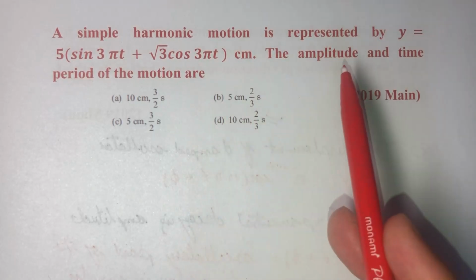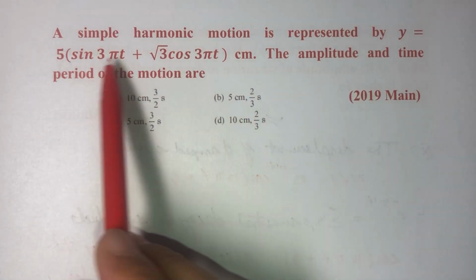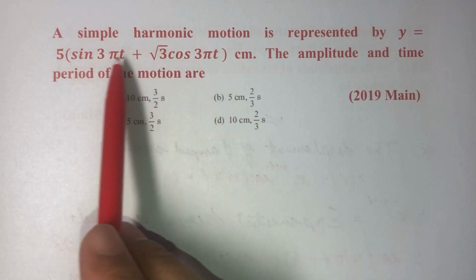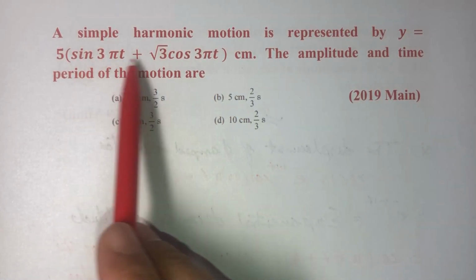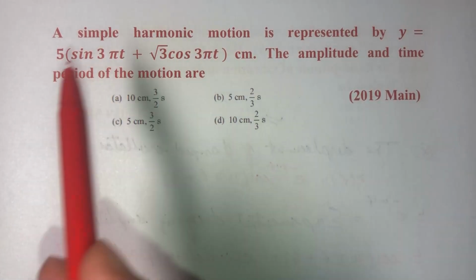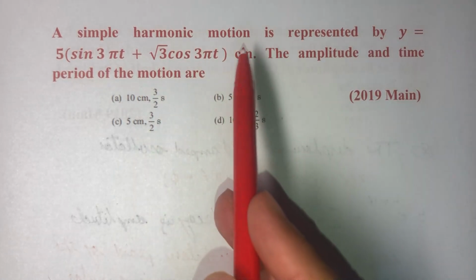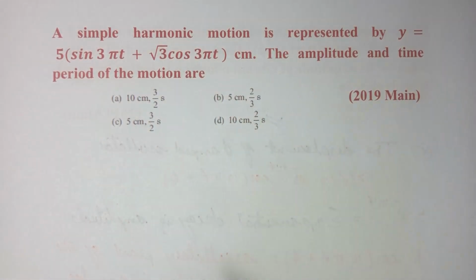So we have been given a displacement equation for this SHM, which consists of a combination of two simple harmonic motion equations. We can consider the sine as one independent motion, and the cos as another independent one.